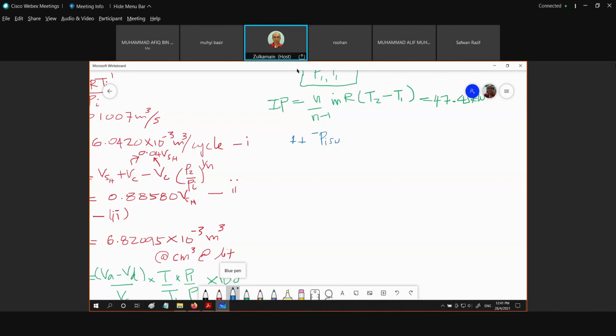Okay, for this PISO, we have two PISO again: the PISO for the low pressure and the PISO for the high pressure. For the low pressure, PISO is equal to m dot RT ln what? Anyone remember? Which P divided by which P? Come on guys.